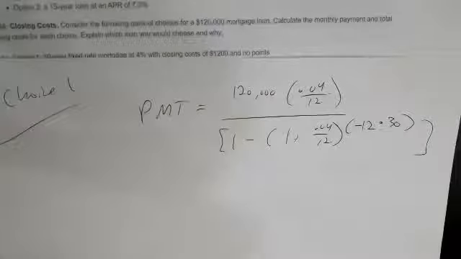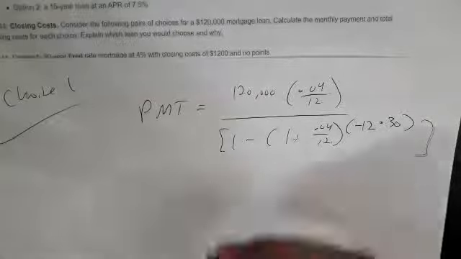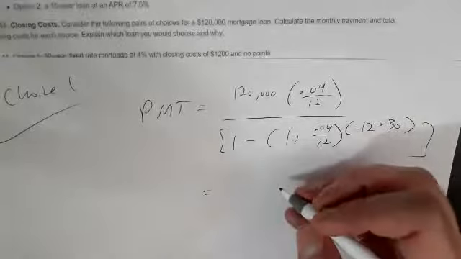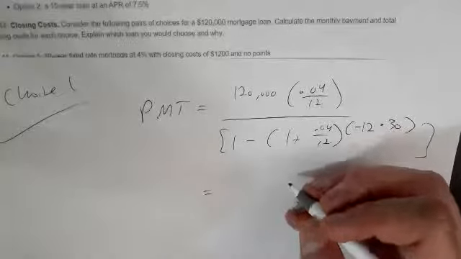This is how I'm setting it up to find the payment. I'm doing some PEMDAS and order of operations, but I want to save a little bit of time, so I'm going to skip those steps and figure out this monthly payment is $572.90.